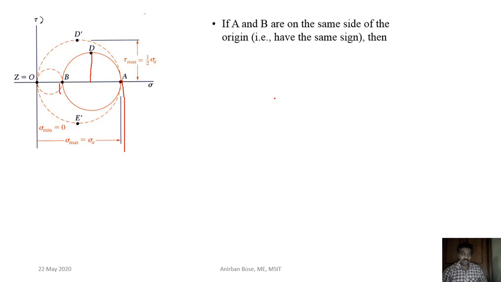That means we are talking about a plane stress situation. Suppose this is the element that we have seen till now, under a plane stress situation. For this plane stress situation, what are the principal stresses? It is possible to find the principal stresses at a particular orientation, but perpendicular to that plane, what is the normal and shear?